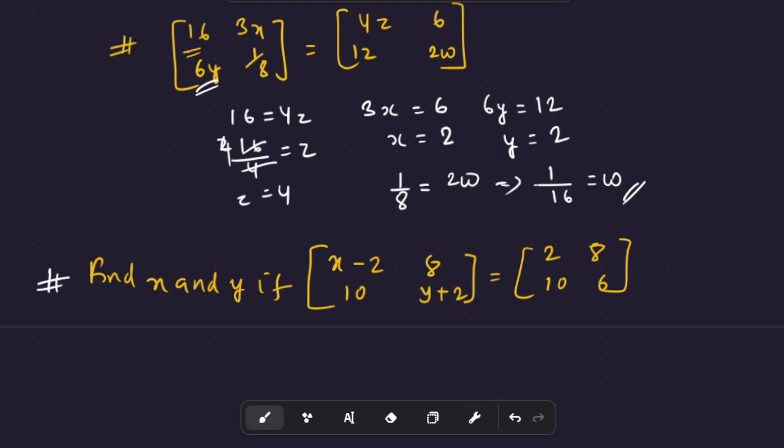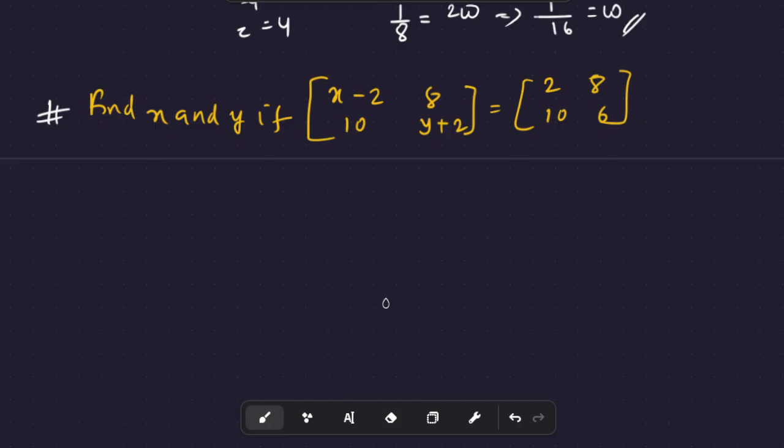Okay, let's get the values of x and y. X equals 4 and y equals 4 as well.